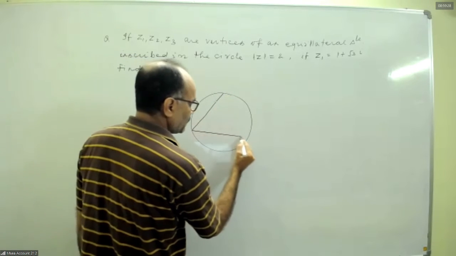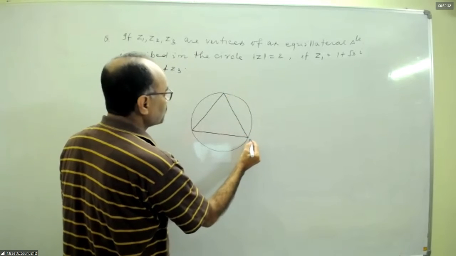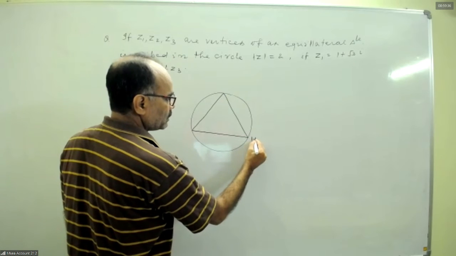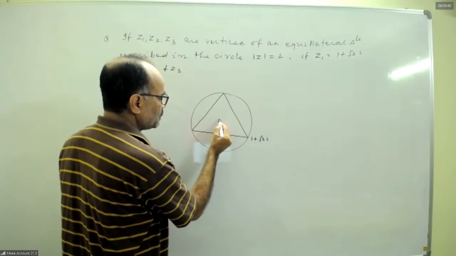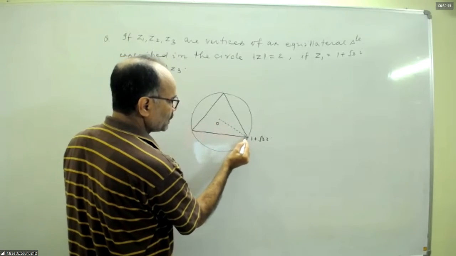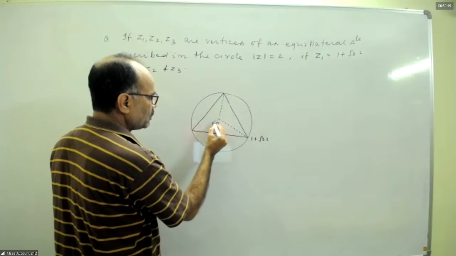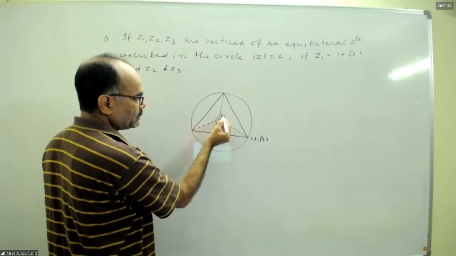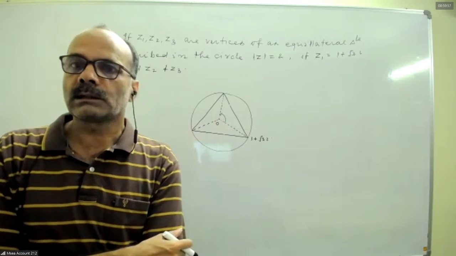It is an equilateral triangle. Assume this is 1 plus root 3i. You can assume anyone. Origin is the center. This is 2, this is 2. This angle will be how much in anti-clockwise direction?